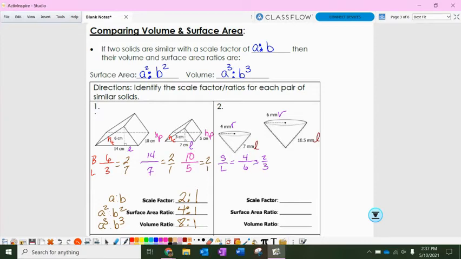And when I compare the slant heights, that's going to be 7 to 10.5, which also simplifies down to 2/3. You can check that on your calculator to see. So the scale factor is going to be 2 to 3.